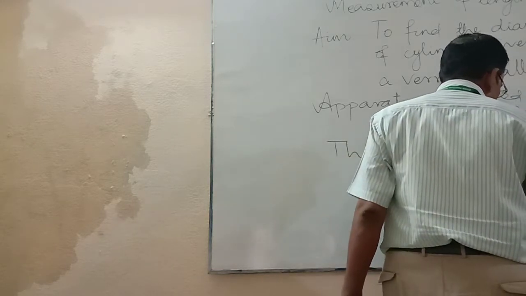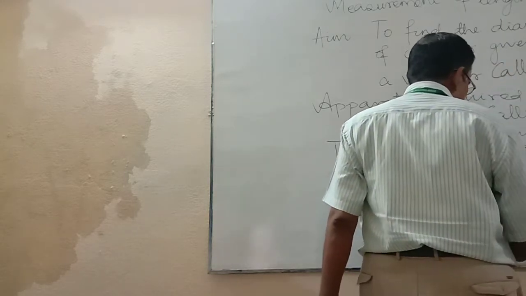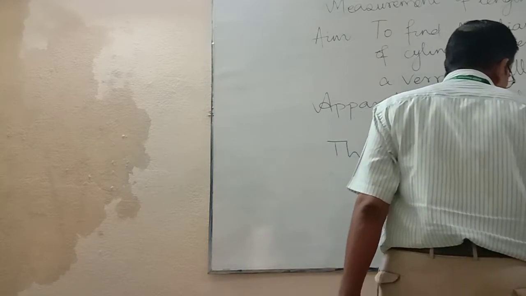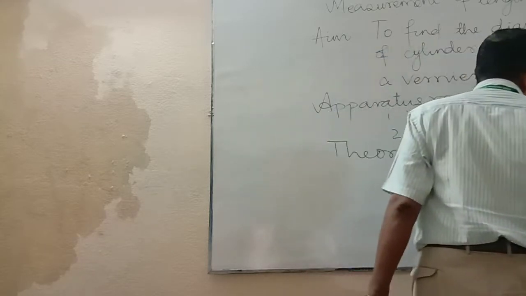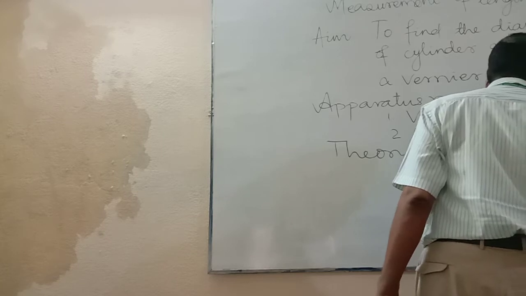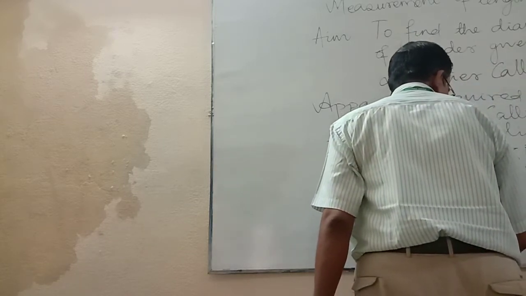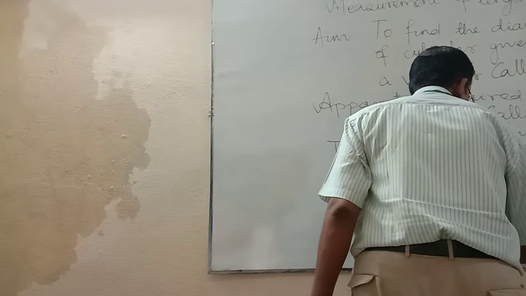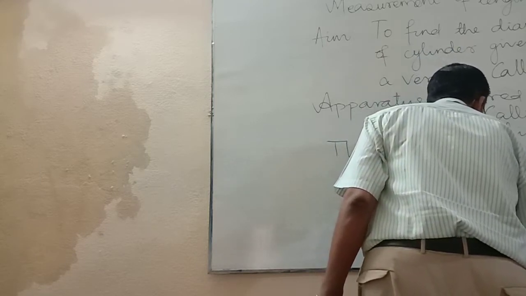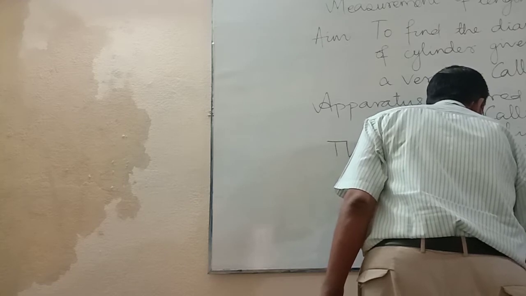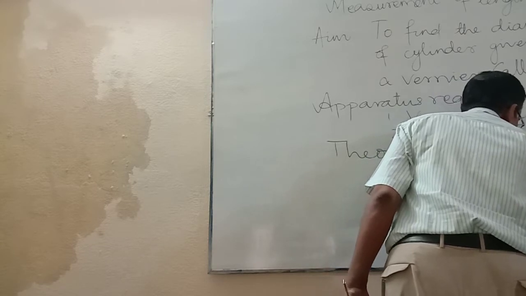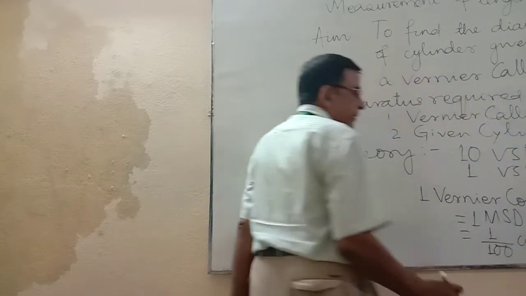So 1 by 10 minus 9 by 100, that is 10 minus 9, which is 1 by 100 cm, or 0.01.